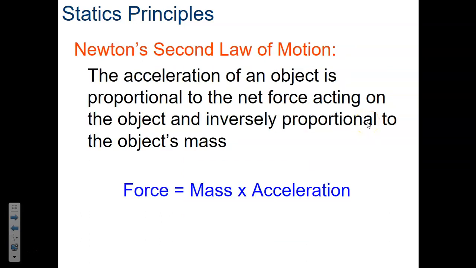Newton's second law of motion, which we don't really want to be happening, says the acceleration of an object is proportional to the net force acting on the object and inversely proportional to the object's mass. So basically, the harder you push something, the more it accelerates, and the more mass an object has, the more it resists acceleration.